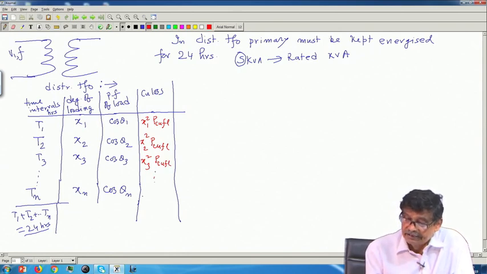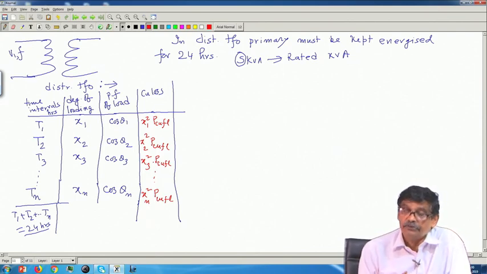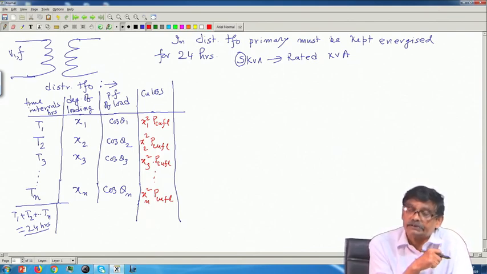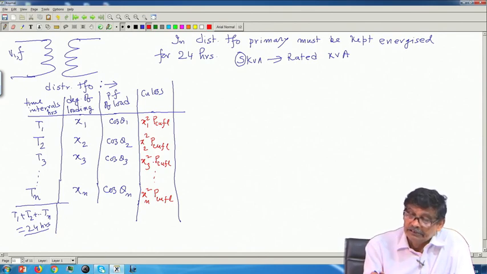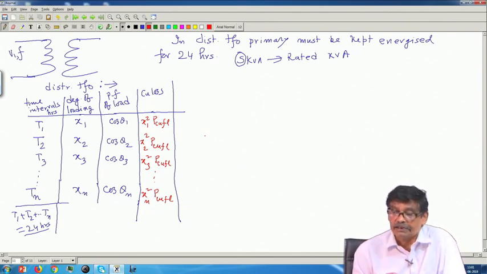In this way, this is x n square P copper full load. P copper full load is constant. At full load condition, it is the copper loss which I get from short circuit test data. So, this is the copper loss at various time intervals taking place.